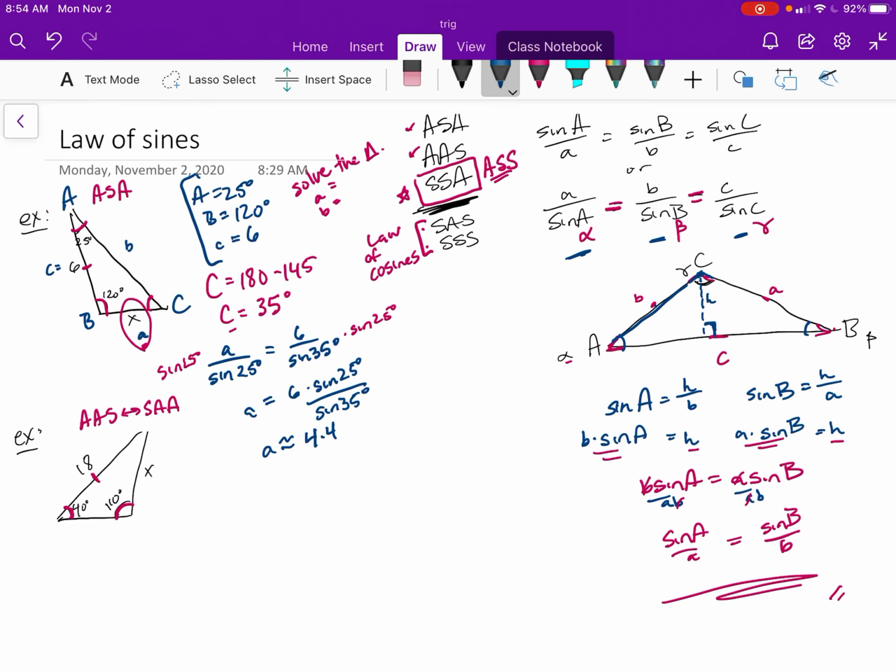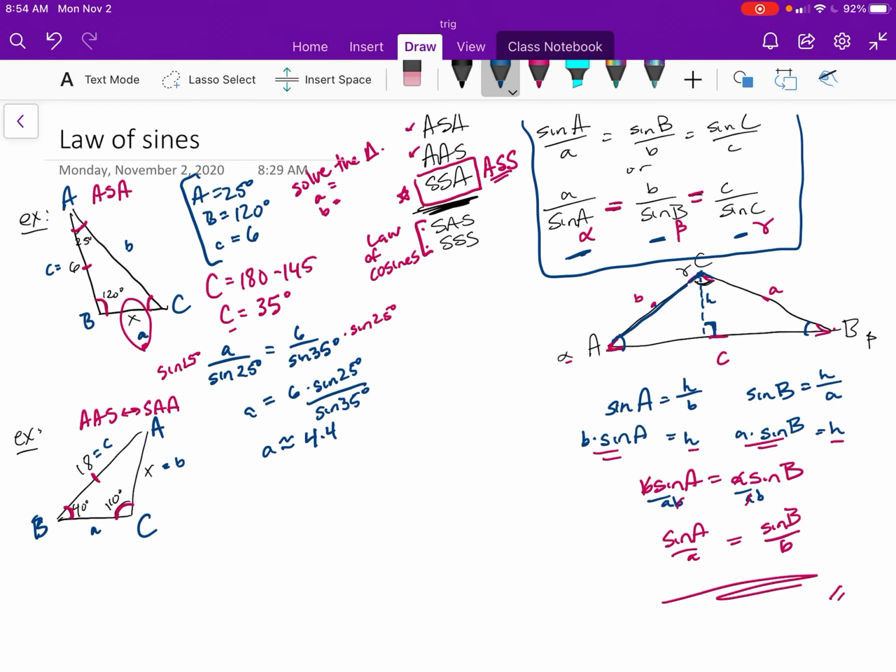And this video is plenty long. So, again, we have AAS. I know that will work with law of sines. Again, I like to label everything because it's easier for me to visualize what part of these formulas I want to use. So we'll just call this A, and then this one B, and this one C, which means across from A is a, across from B is b, and across from C is c.